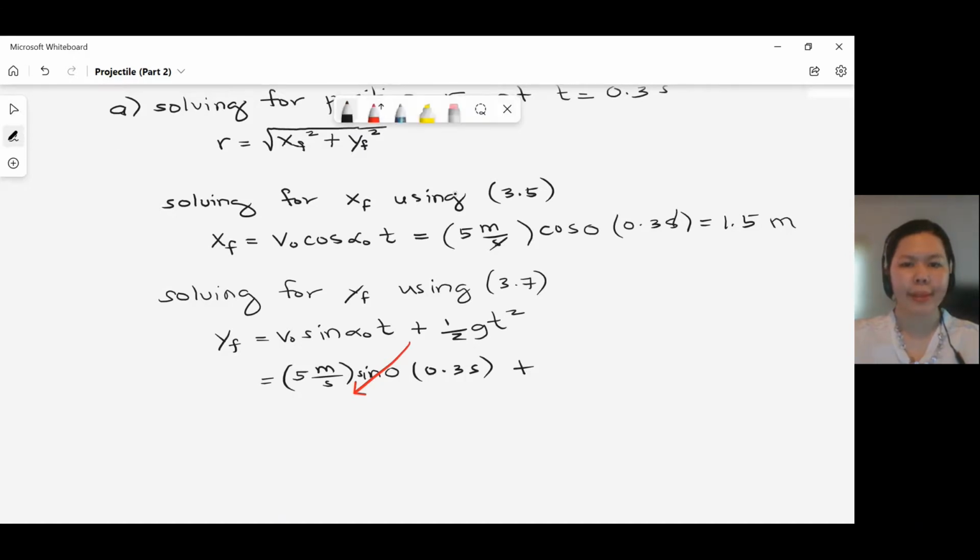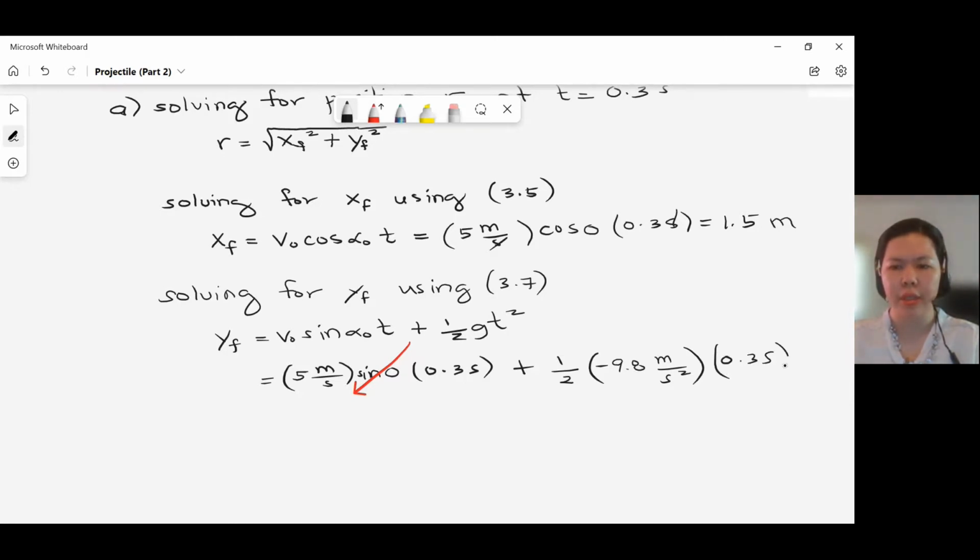All right. And for the rest, the second term plus 1/2 g is negative 9.8 meters per second squared times 0.3 second squared.